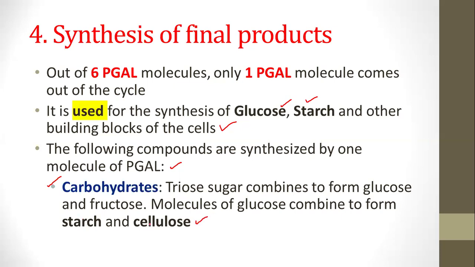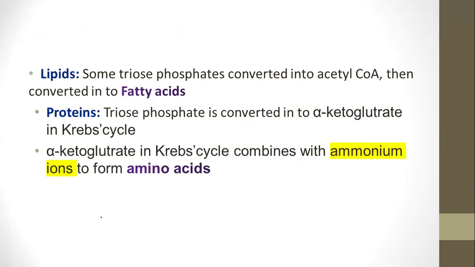Cellulose is present in the plants as well as starch, whereas glycogen is present in the animals. However, the composition of all the cellulose as well as the starch molecules is the combination of many glucose molecules, only one type of molecule. The second compound produced during the dark reaction is the lipids.